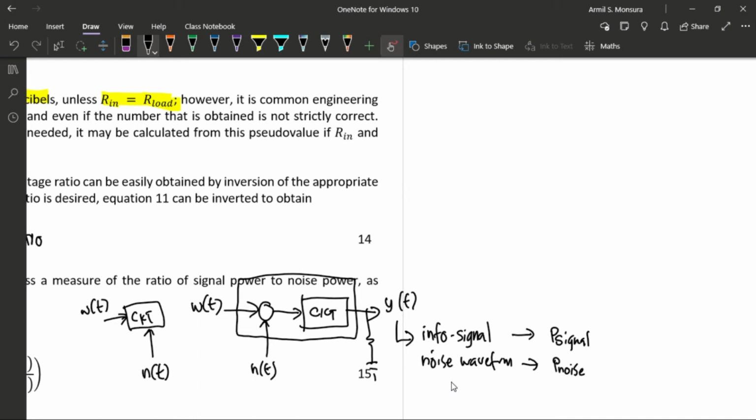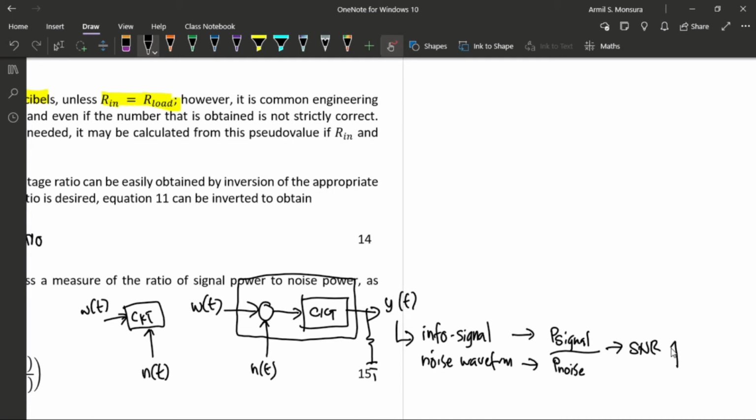Ngayon, yung performance ng circuit na to is indicated by this ratio, the ratio of the average signal power over the average noise power. Ito yung tinatawag natin ngayong SNR, signal to noise ratio.